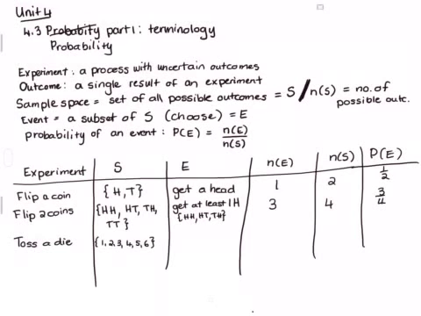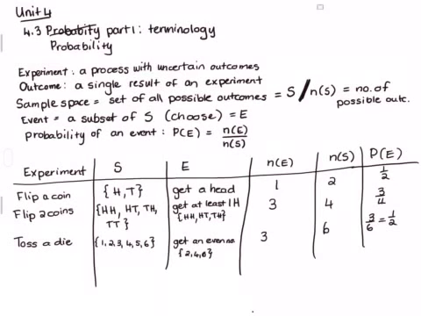I'm going to say my event is get an even number. So that would be 2 or 4 or a 6. So there are 3 values in my event. There are 6 values in my sample space. So this is 3 over 6, which simplifies to a half.